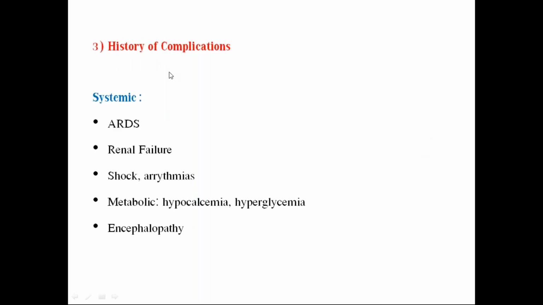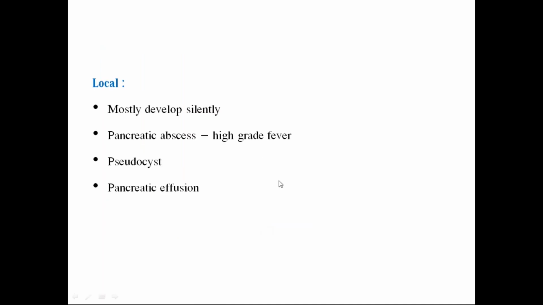History of complications. Rapid progression of the symptoms could lead to ARDS, acute respiratory distress syndrome, renal failure, shock, and arrhythmias. Metabolically, it could lead to hypocalcemia, hyperglycemia, and encephalopathy.